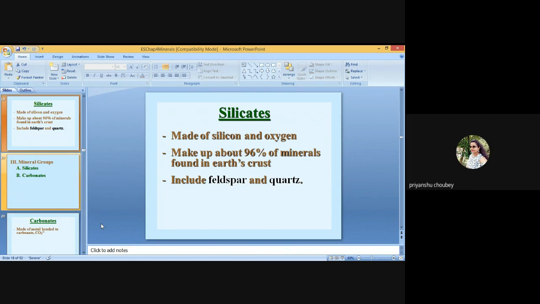Sorosilicates: the formula is Si2O7, meaning silicon is two and oxygen is seven. Epidote: calcium, aluminum, iron, aluminum oxide, silicon oxide, and OH.